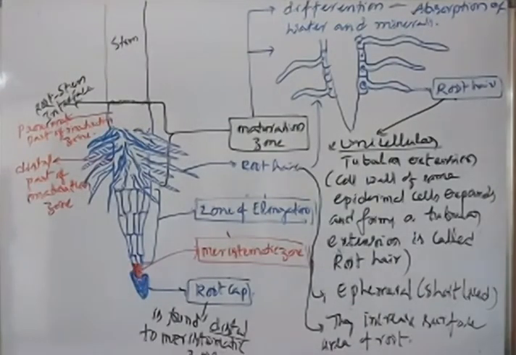So root hairs are present in the maturation zone of main root, lateral root and rootlets.